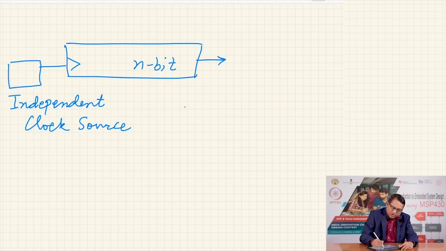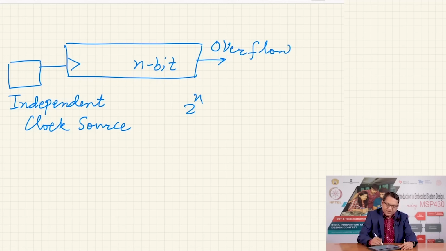So, it would count 2 raised to power n clock pulses, at the end of which the overflow pin of the counter would become 1, and if this becomes 1, it can be used to reset the system.